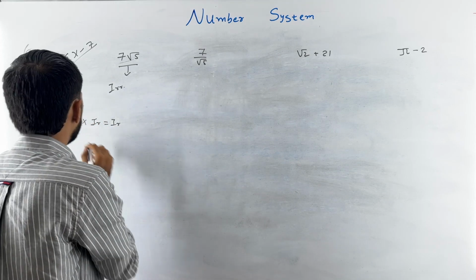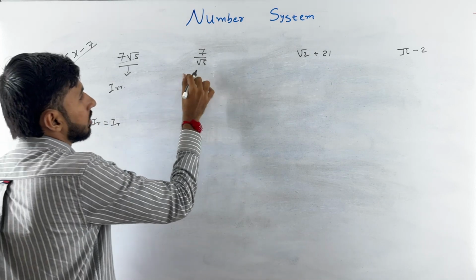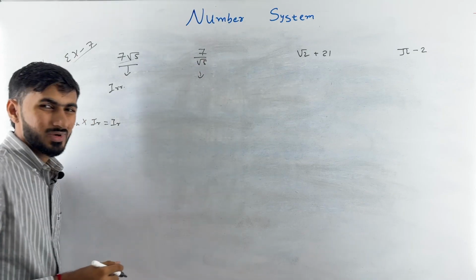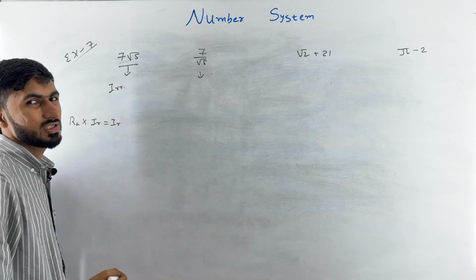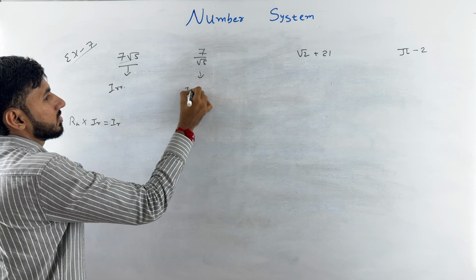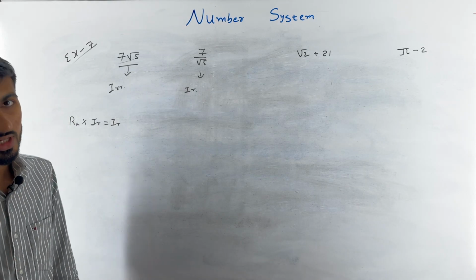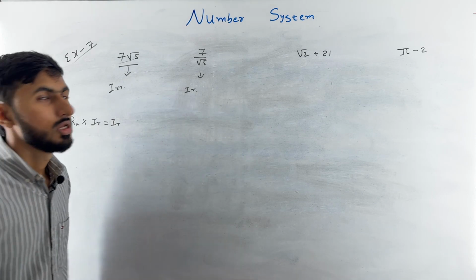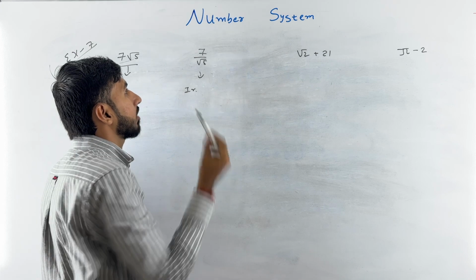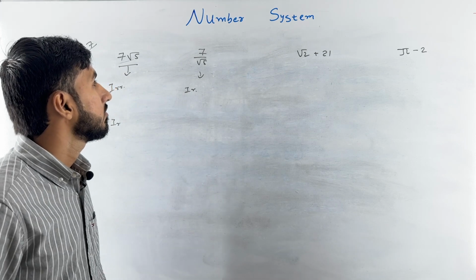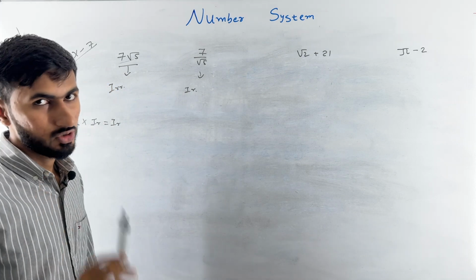Now for this is the same case, but here we have division. So for the division, we all know that division of one rational number and one irrational number is always irrational. Here you have to remember that when I talk multiplication and division, I will take only non-zero rational number, right?